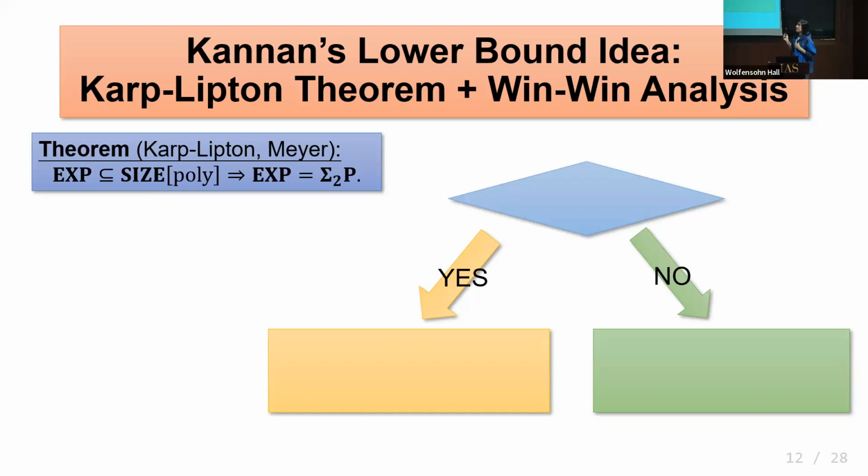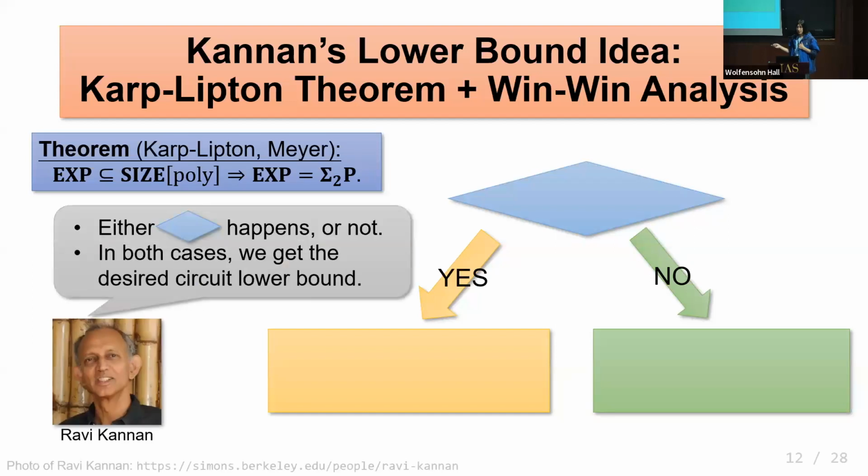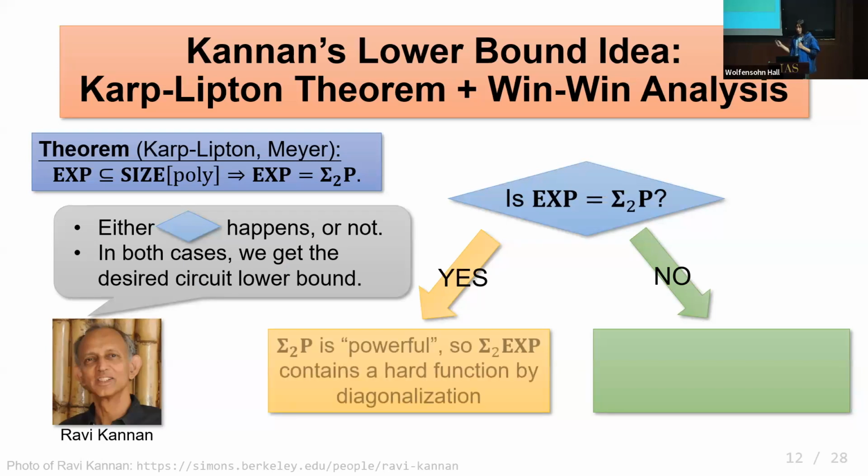So given this theorem, we can also use a win-win analysis. We condition on whether EXP is equal to sigma 2 P. If they are indeed equal, then sigma 2 P is powerful, so we can use diagonalization in sigma 2 EXP. In particular, we know that you can create a hard function in double exponential time.